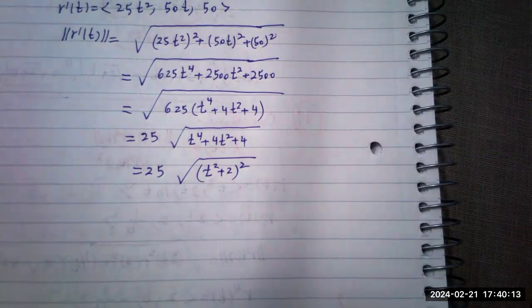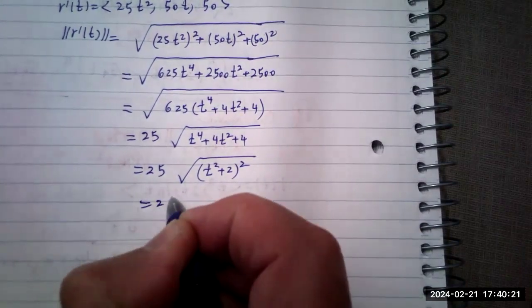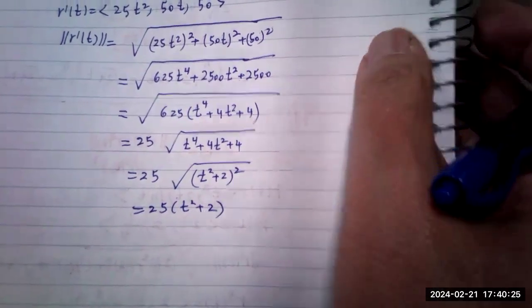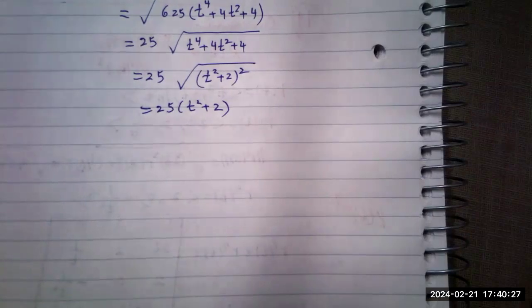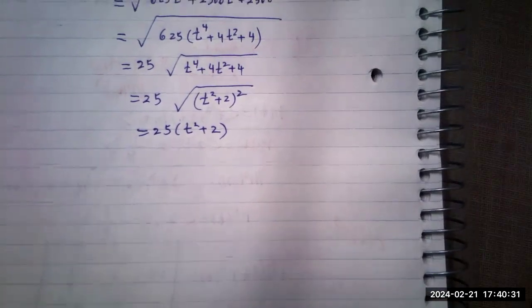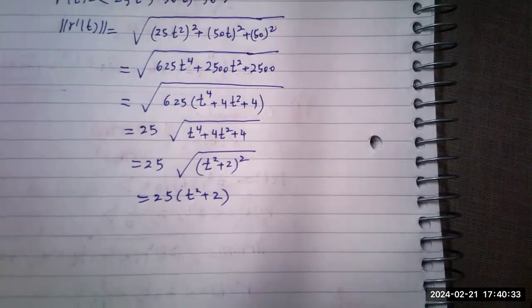Especially for the arc length, this would be useful to know. So in this case, the result would be 25 times t squared plus 2. If you get a chance, you have to simplify it. This problem is going to be a good problem for the arc length. Okay, so this is it.